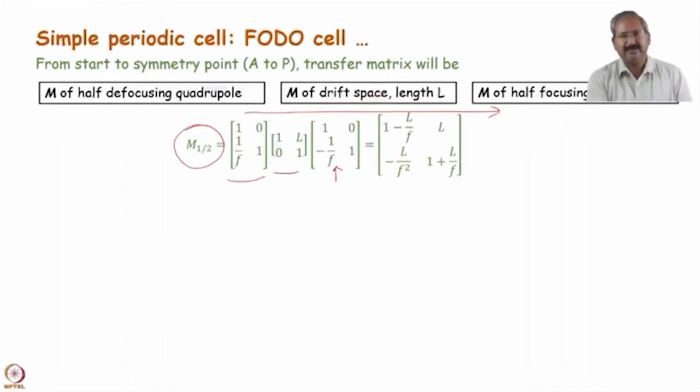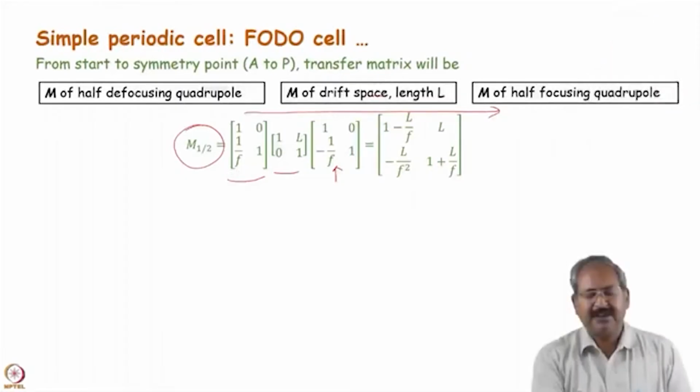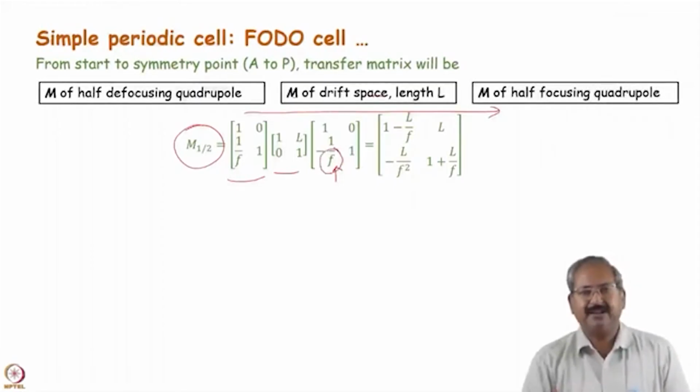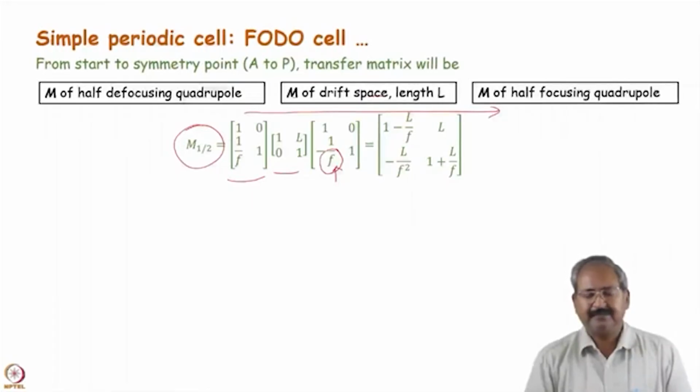Remaining half will be after the symmetry point. So here what we are writing down f, this is the focal length of the half quadrupole. For full quadrupole, the focal length will be half of this. So after multiplying these three matrices, we get this matrix.